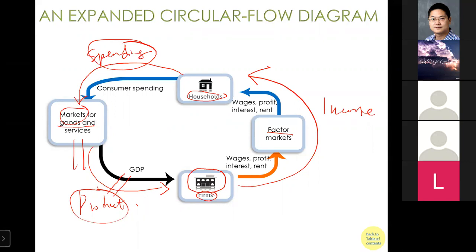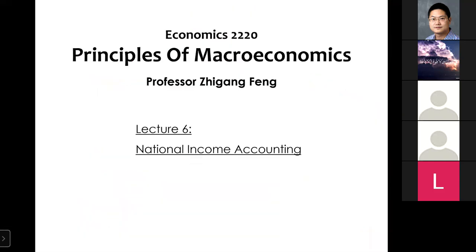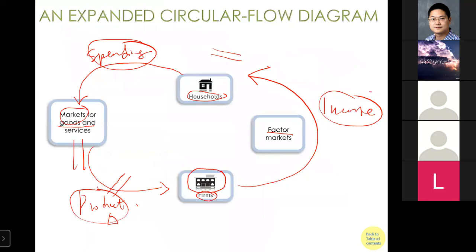Now, how are you going to spend? It must come from your income, and that gives you another equality. These two equalities show you that whether you look at product, spending, or income, they give you the same measure of economic activity in the economy.